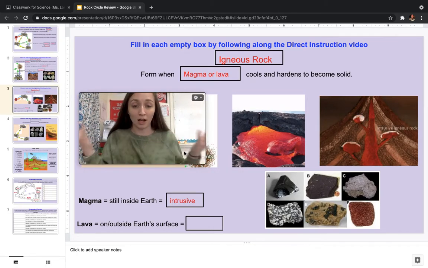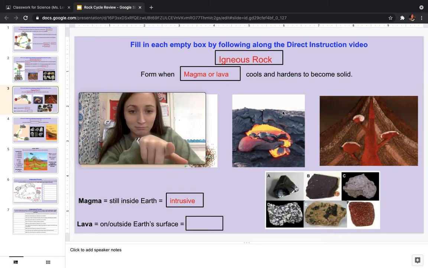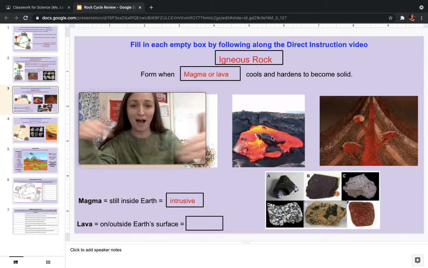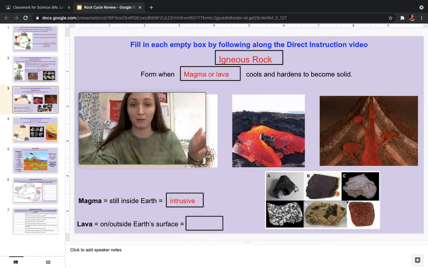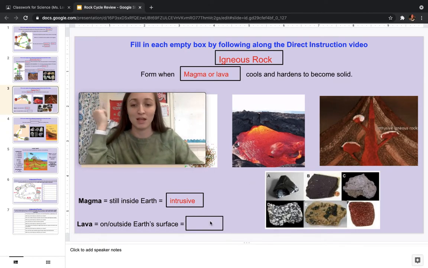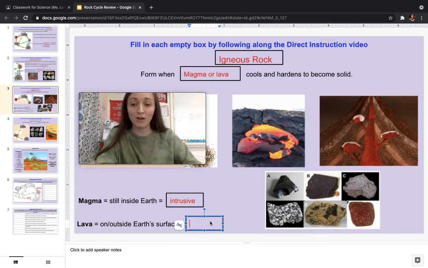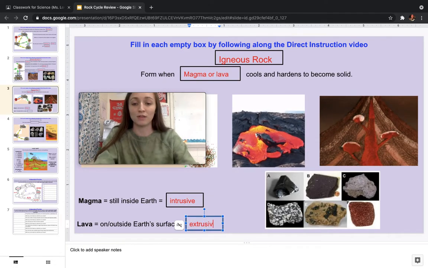Now lava, it's called lava when it's outside of the earth. So like this right here is going to be lava because this is outside of the volcano after it erupted. So like you could go up and touch it. You shouldn't touch it, you'll probably lose a finger, but it is outside of the earth. So now it is considered to be lava. So another fancy word we can use for lava or anything that is outside of the earth is extrusive.